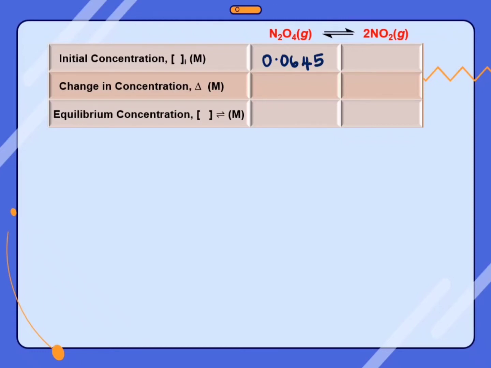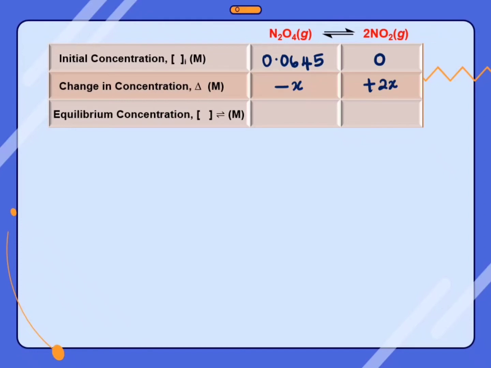For the initial concentration of product, it should be 0, because no reaction has happened yet. And then the change in concentration, we write it as unknown. So for the reactant, negative X. For the product, positive 2X.